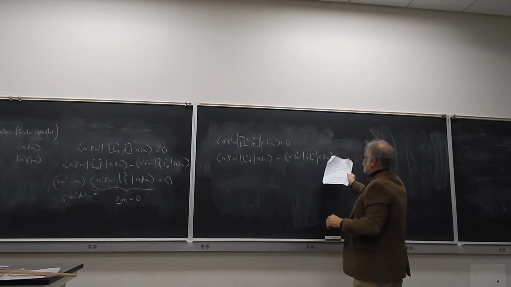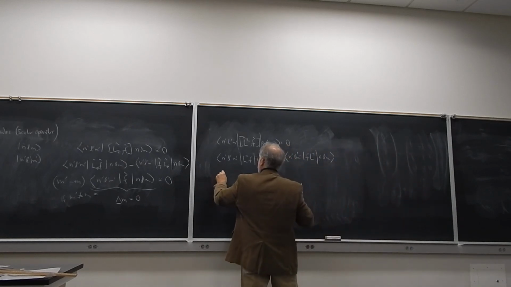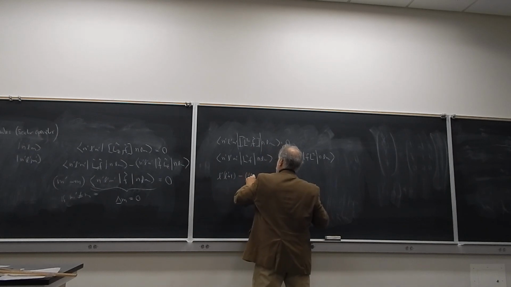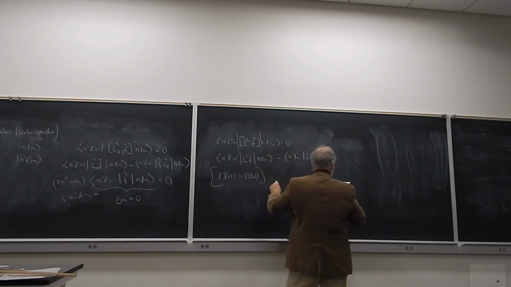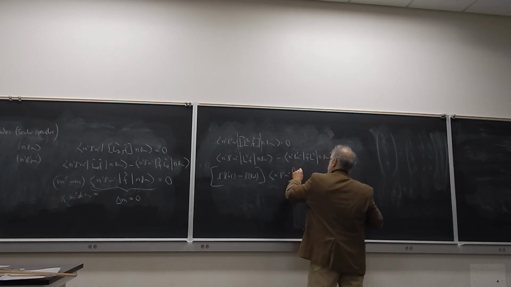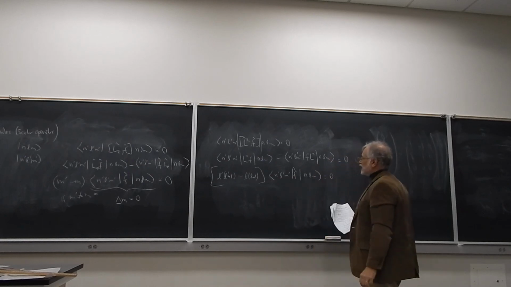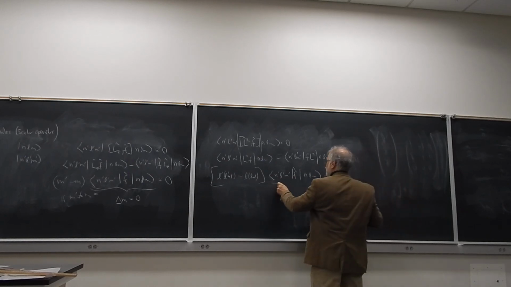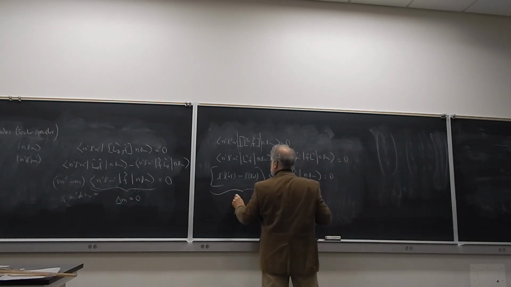And again, applying L squared to n, l, m gives me l prime times l prime plus 1 minus l times l plus 1. So I get this from the left side, this from the right side, times n prime, l prime, m prime, F, n, l, m, which again is 0. And the only way this can be 0, if I want this matrix element to not be equal to 0, is if this must be equal to 0.